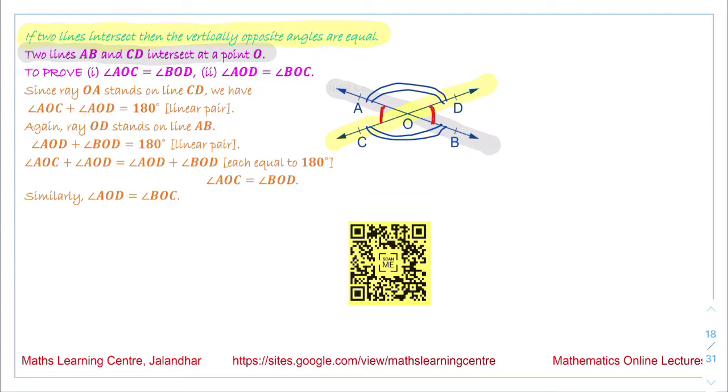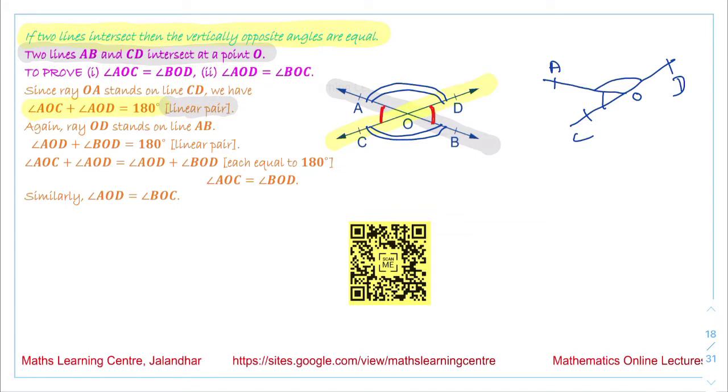How we are going to prove this: suppose I am talking about this straight line CD, then AO stands on this line, so the sum of these two angles is 180 degrees. This is mentioned over here: angle AOC plus angle AOD is 180 degrees. Why? It is the linear pair property.